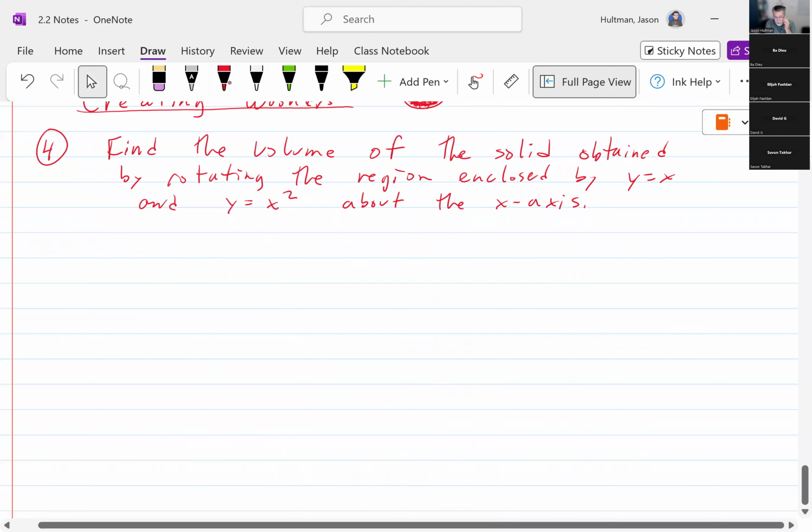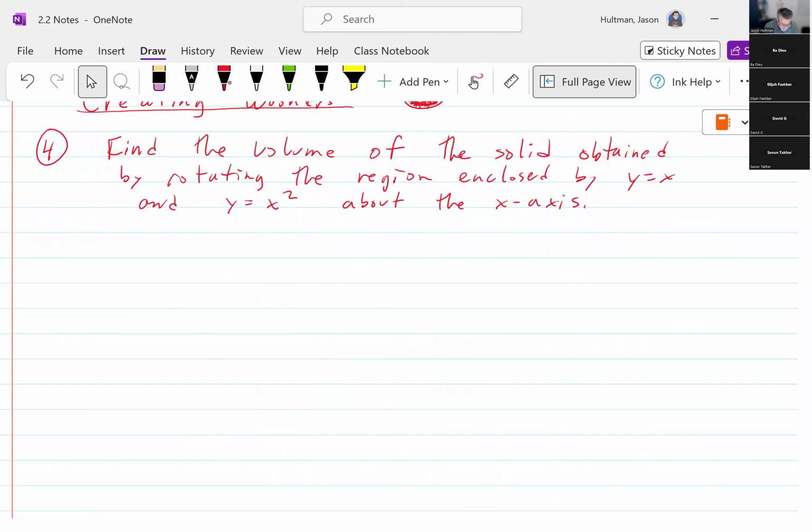And the volume of the solid obtained by rotating the region enclosed by y equals x and y equals x squared about the x-axis.